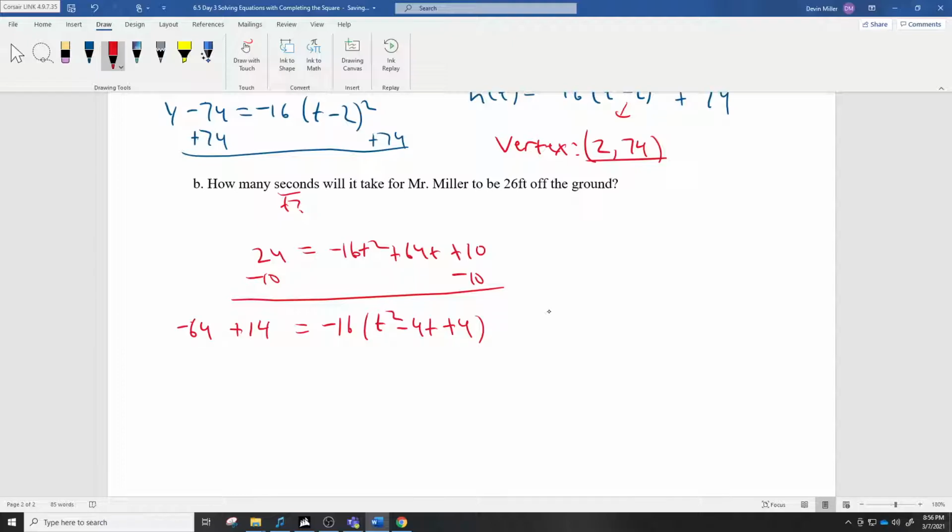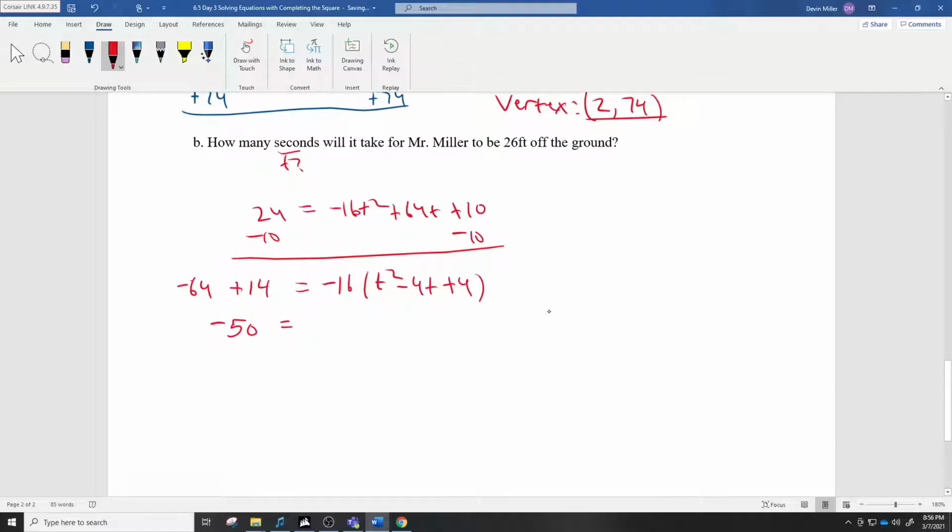And so that would be negative 50. All right, now we have negative 16. And then this one factored to t minus 2 squared, so same answer as before. And now we're going to go ahead and finish solving this.